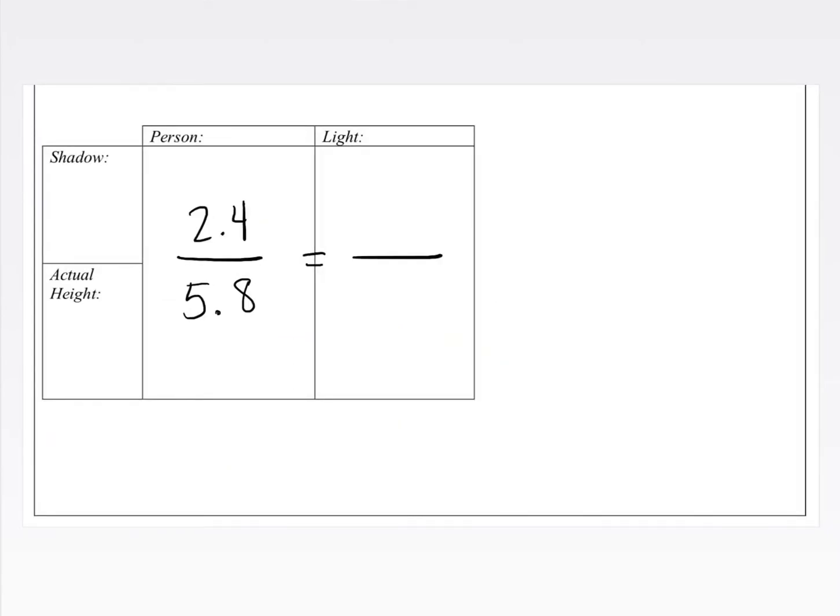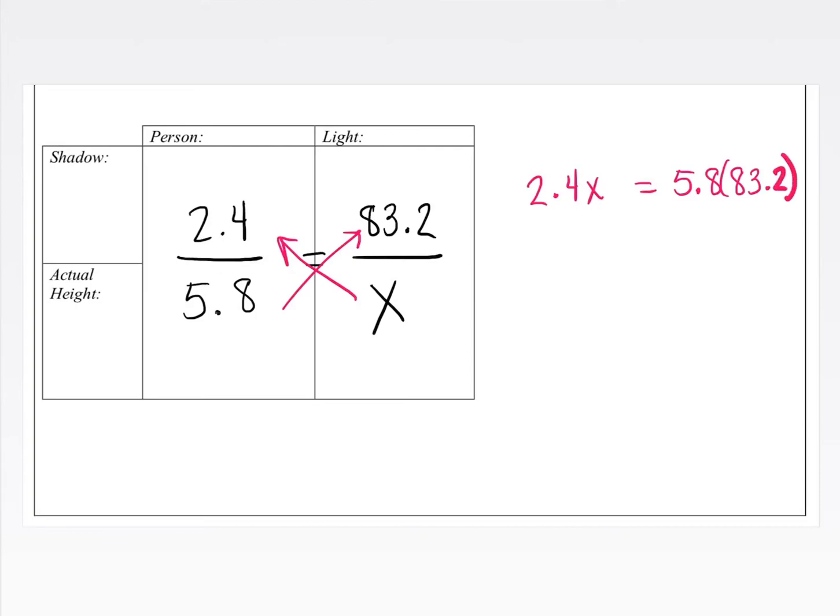So that distance is 83.2 feet, but we actually don't know the height of the lighthouse. So that's where we're going to put our X. Now we have our proportion and we can cross multiply. So we have 2.4 times x equals 5.8 times 83.2.